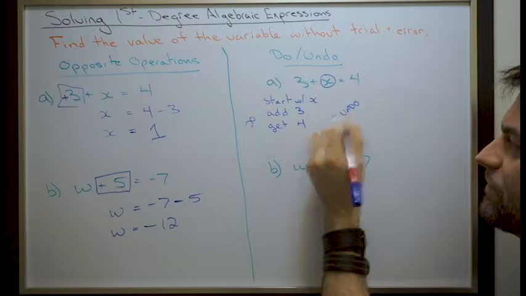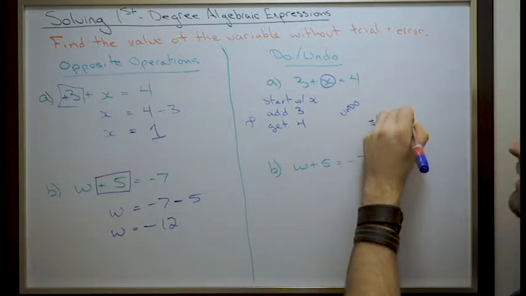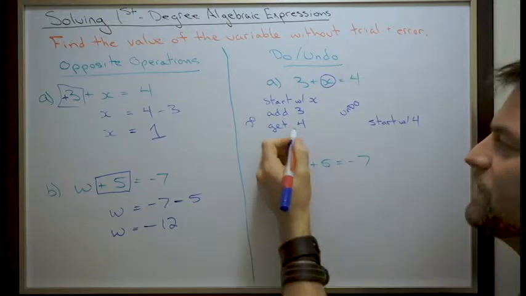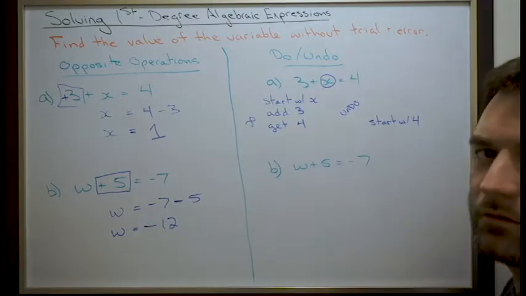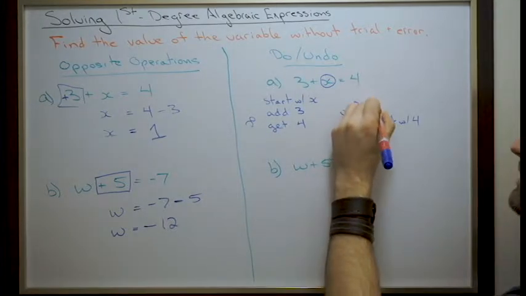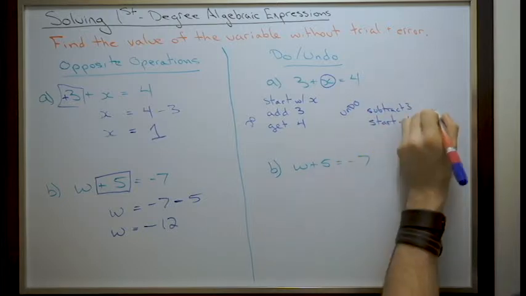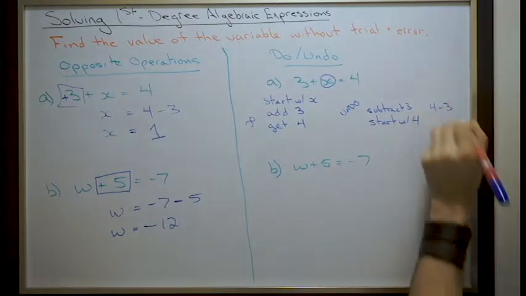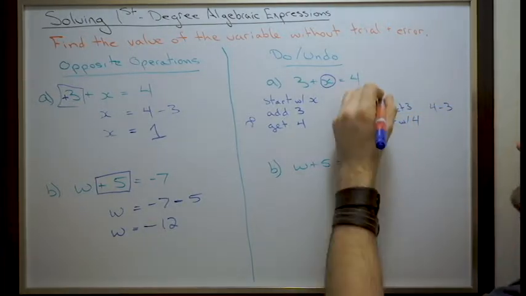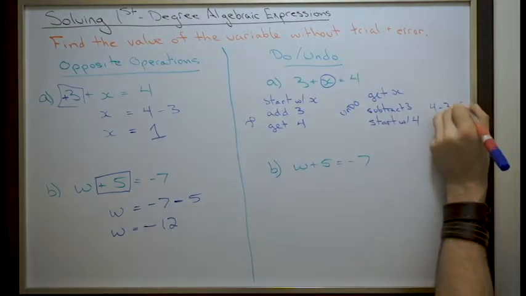And then to undo that, we do everything in reverse. So instead of getting 4, we start with 4. And then we subtract 3. The opposite of everything. So we have 4 minus 3, and then we will get x. And actually 4 minus 3 is 1.